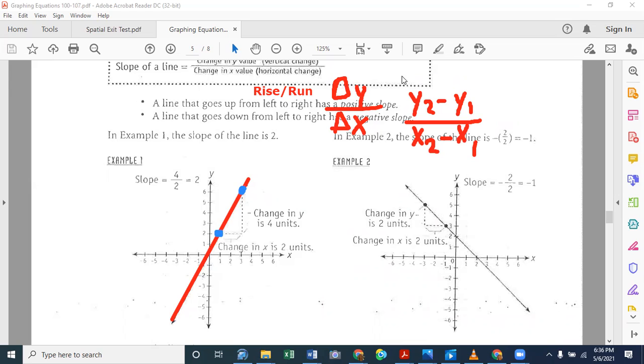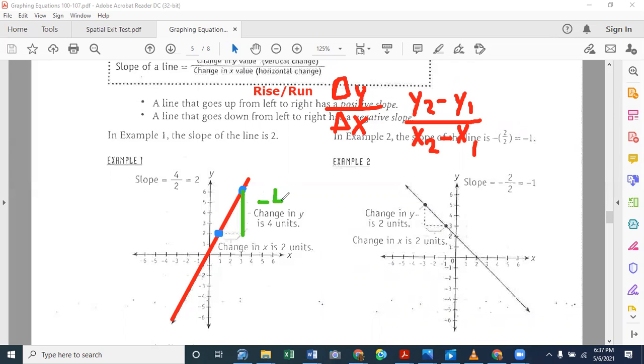So let's make it green, I guess. So we are going to drop down right here to where we're going to be hitting this point eventually. How far did we drop down? Well, we went from 6 down to 2, right? So the change, the rise is a drop of 6 minus 2 or -4.